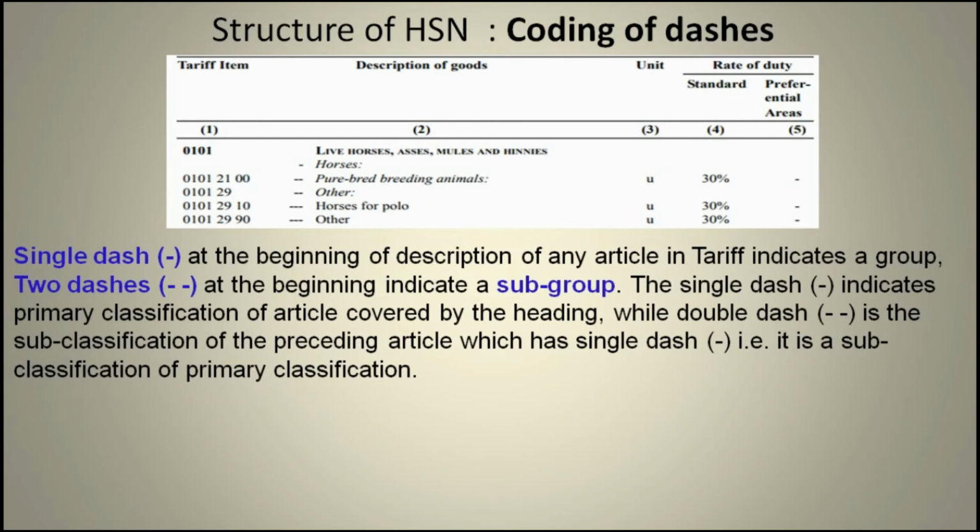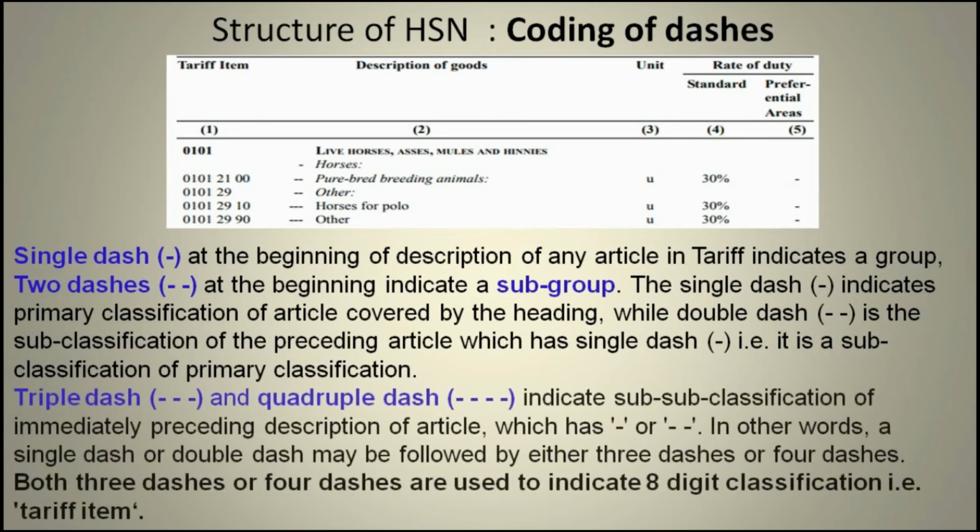That is, it is a sub-classification of primary classification. Triple dash and quadruple dash indicate sub-classification of the immediately preceding description of an article which has a dash or a double dash. In other words, a single dash or double dash may be followed by either 3 dashes or 4 dashes. Both 3 dashes or 4 dashes are used to indicate an 8-digit classification, that is tariff item.